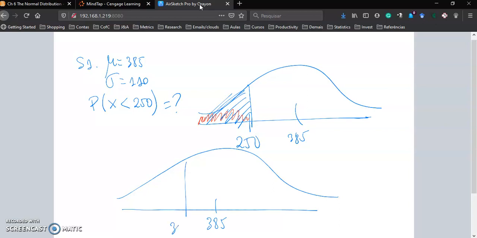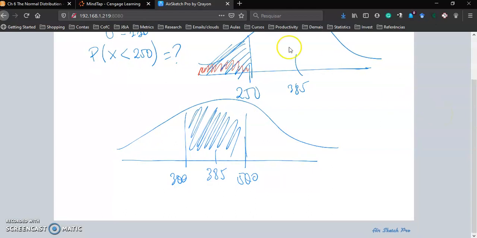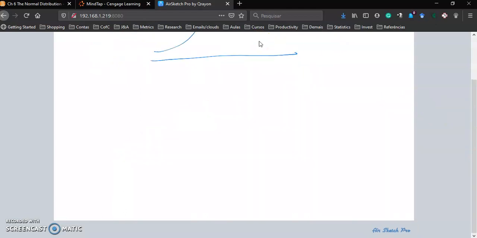At 385, I have 300 below and 500 above. This is the area I want to know. Let's start a new drawing so you can understand. I want to know the probability that it is between 300 and 500 with a mean of 385.